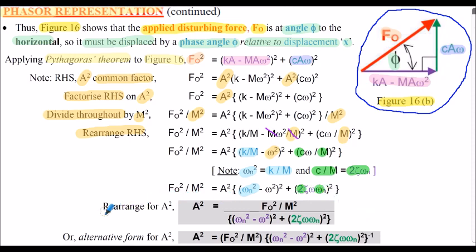And finally I rearrange for a squared by dividing both sides by this bracket here. Here's an alternative form for a squared. I've simply brought the bracket from the denominator to the numerator, but of course raised it to the power of -1. So these two equations both calculate a squared. If you want to calculate the actual amplitude, of course, you have to square root both sides to find a.